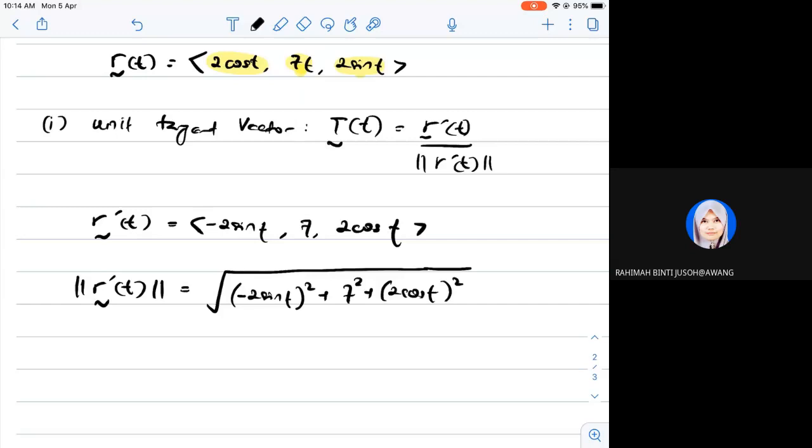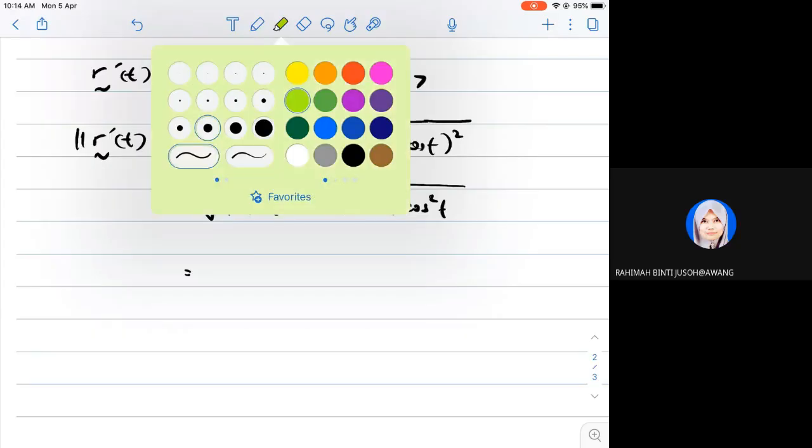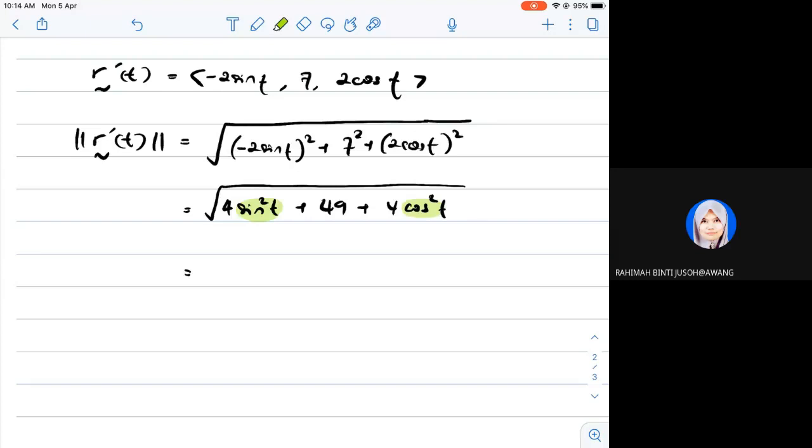So we have 4, negative 2 squared, so the negative disappears. So 4 sine squared t plus 49 plus 4 cos squared t, square root of, and then we can factor out the 4 because we can use the trigonometric identity for sine squared and cos squared.